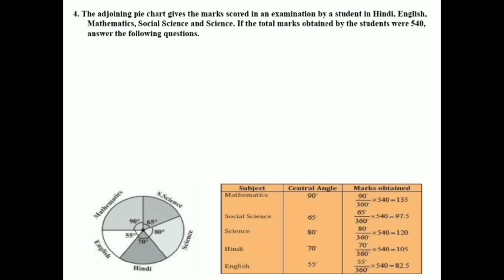Here the pie chart is given. Scored 65%, that means 65% marks in social science. So here we make a table for this, we just have to calculate.